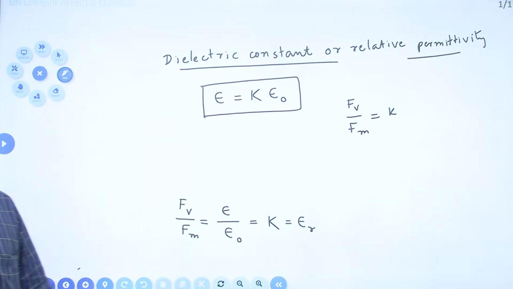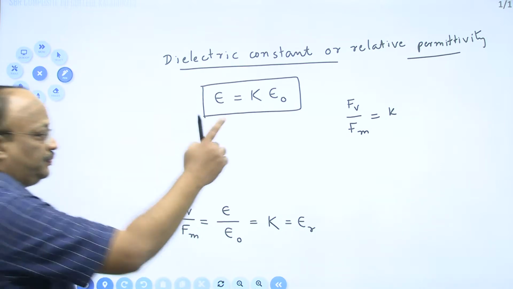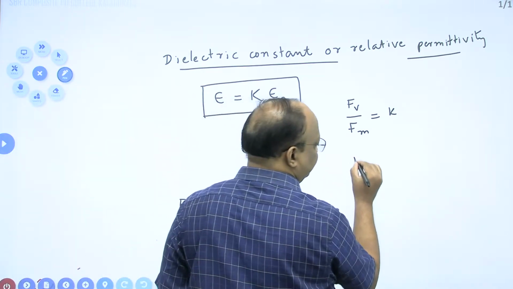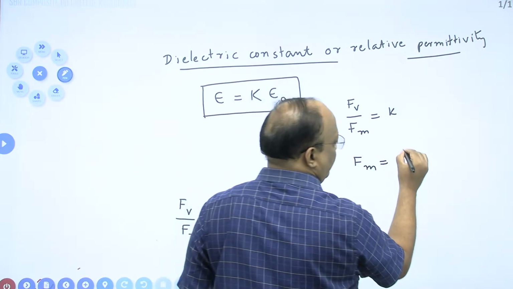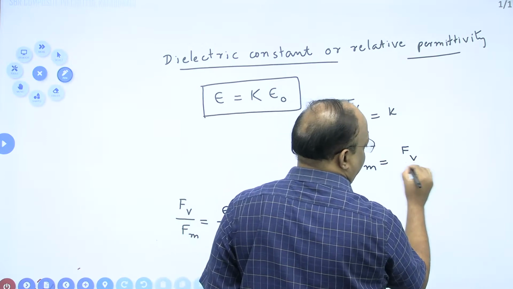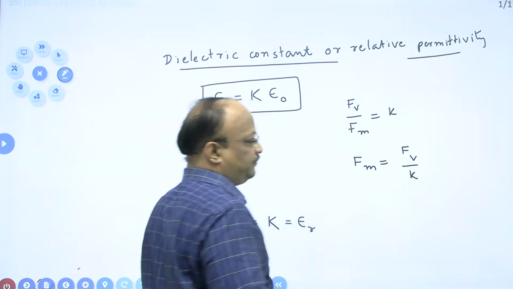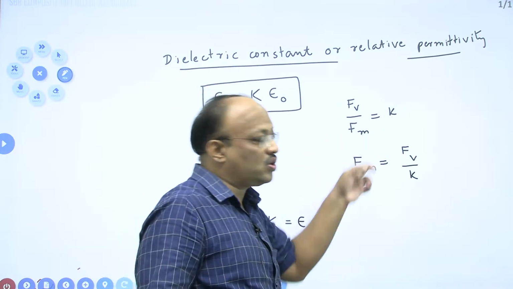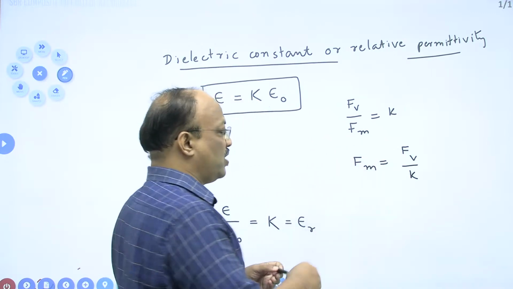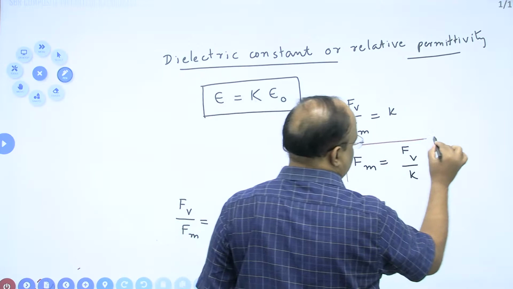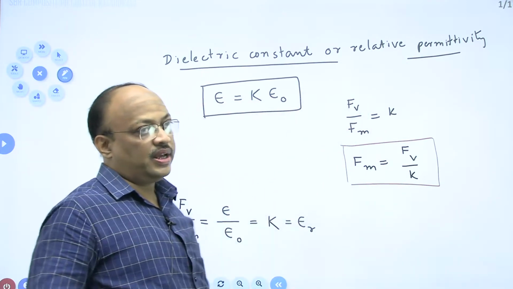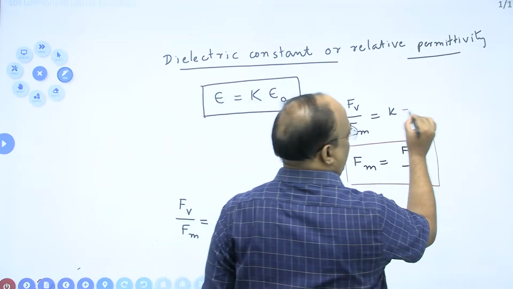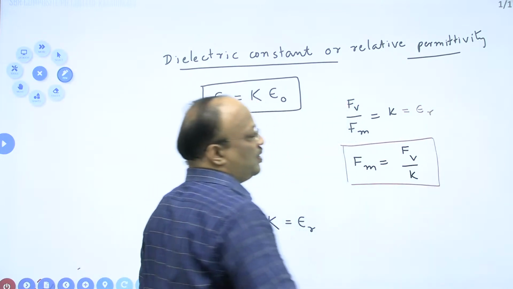Okay. So then, what will it be? If I want Fm, Fm will be Fv by K. Fm is equal to the force in a medium. It is one of the very important relations: Fv by Fm is equal to K. K or epsilon r is the relative permittivity.